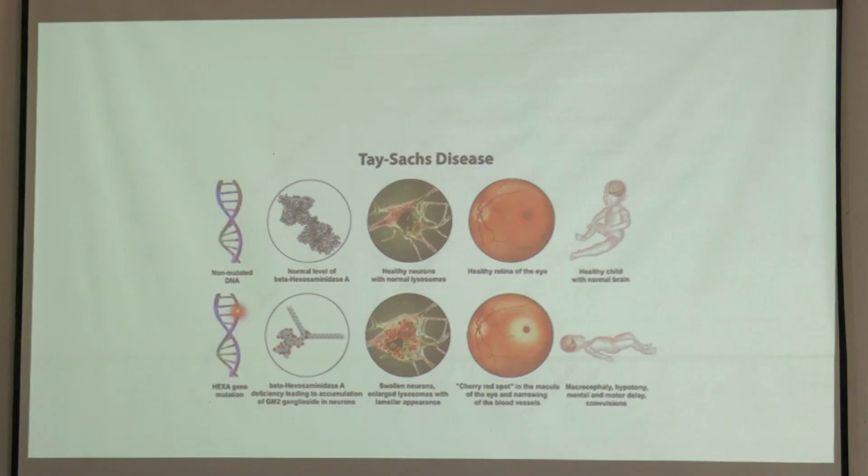There are some pictures. This is Tay-Sachs. Here a cherry red spot can be seen in the macula. Mostly it is a ganglioside that will be accumulating, and there is hexosaminidase A and S deficiency.